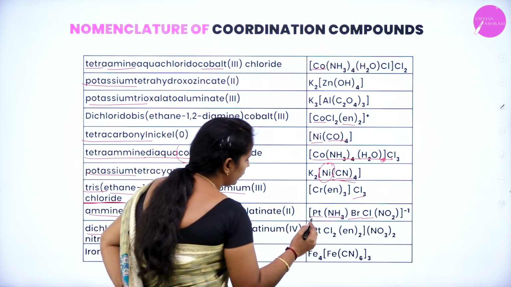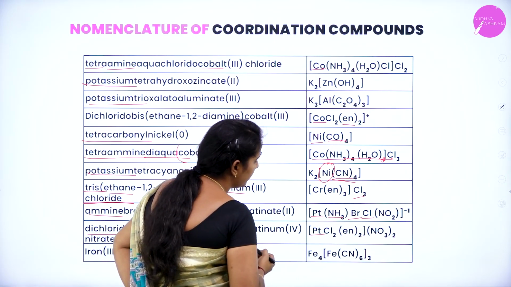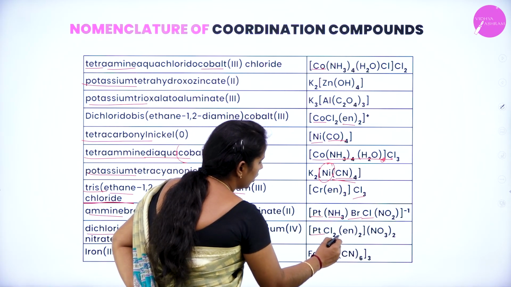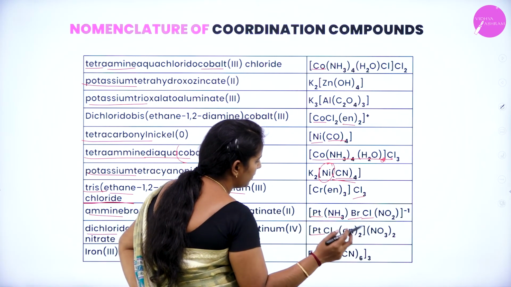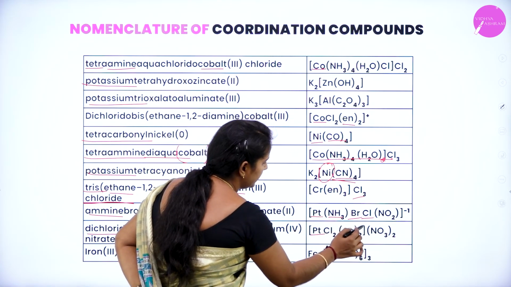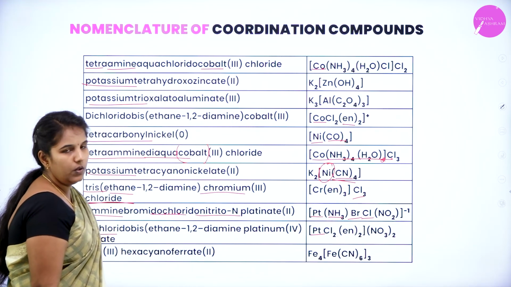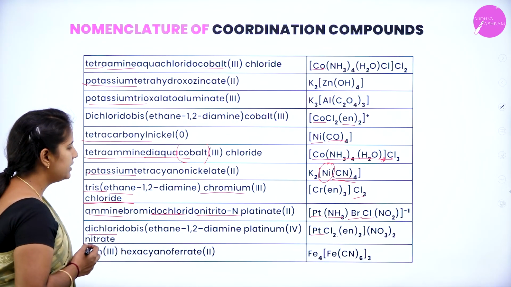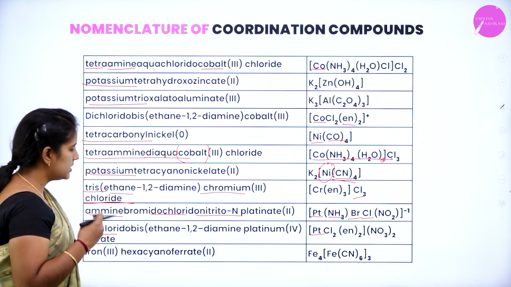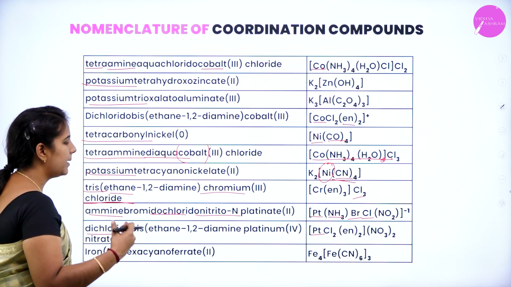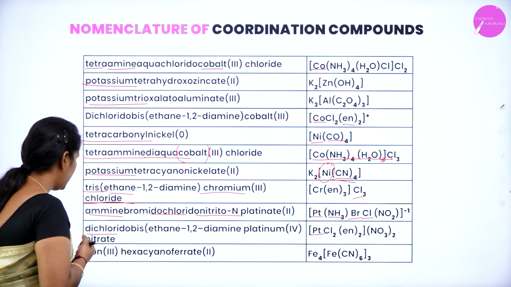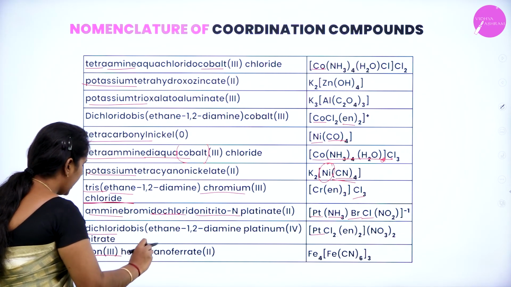In this example, you can see that platinum is the central metal atom surrounded by chlorido, ethane-1,2-diamine, which is bis, and 2 nitrate ions. Is it right? And the platinum will carry a +4 oxidation state.